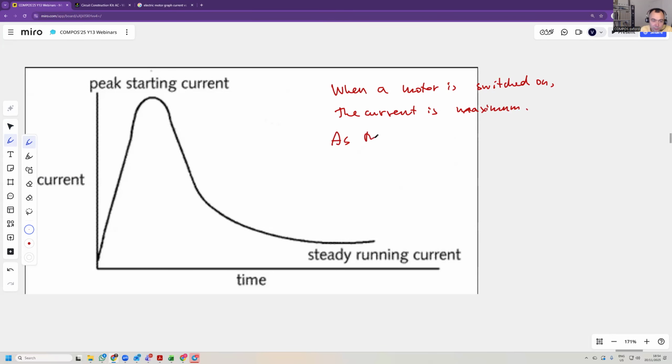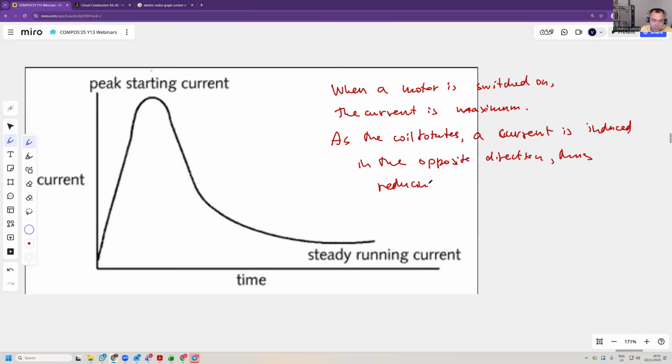As the coil rotates, a voltage is induced. A current is induced in the opposite direction, thus reducing the overall current.